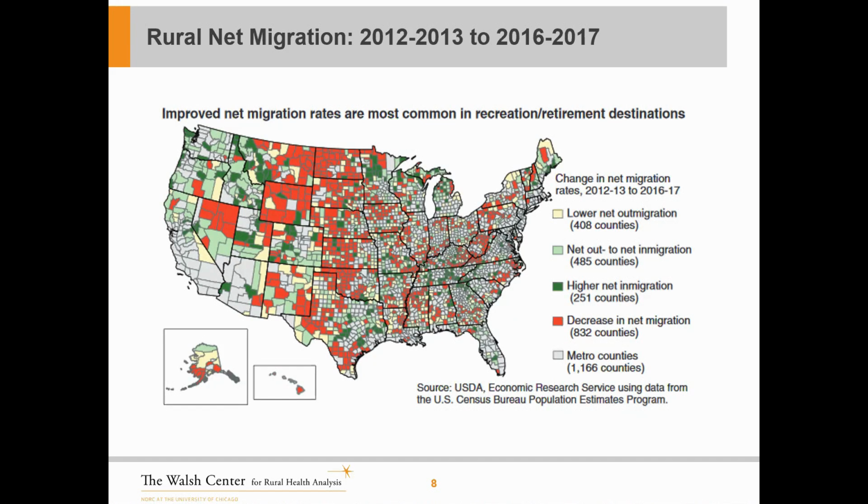For example, in the northern part, in North Dakota, my home state, and the eastern Montana border, there was a large loss of population because those jobs left when there was a change in oil prices. So some of our net migration is impacted by jobs. Others are impacted by the desire to live in recreation or retirement destinations.